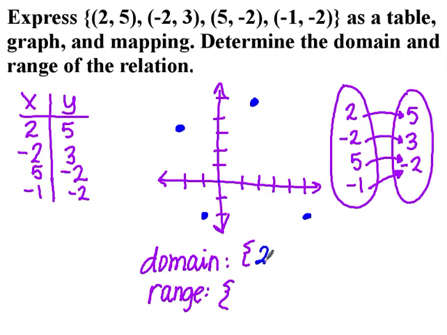Good, keep going. Yep. Good job. What about our range? Yep. Yes. -2. 5, 3, -2. And so that's it. That's all you have to do for your domain and range and for the table, the graph, and the mapping.